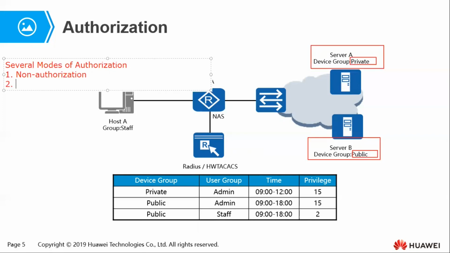Just as the name suggests, when you configure that, users are not authorized, so they can access anything, including everything. Then you have local authorization. In local authorization, users are authorized via the NAS, the network access server, which is actually a router.